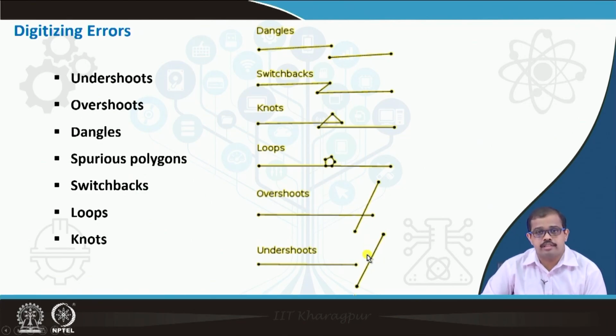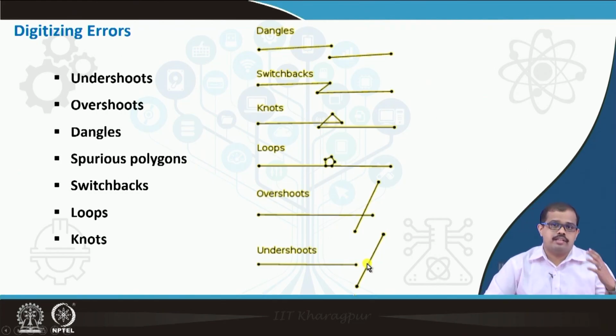That is called an undershoot. Whenever you have a digitized error such as an undershoot, this has to be corrected before you process it into a database.